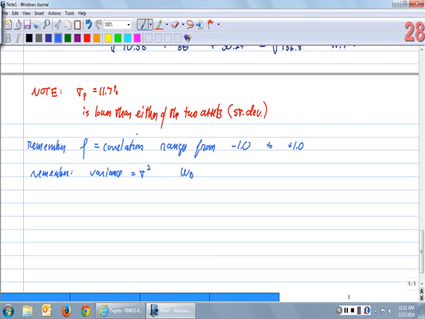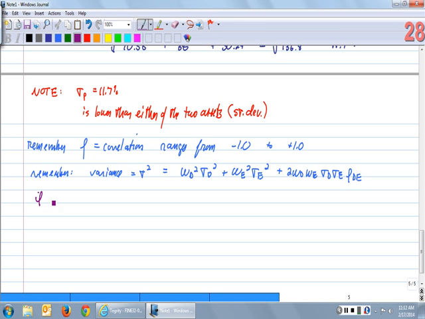It was WD squared sigma D squared plus WE squared sigma E squared. In fact, it's everything that was under the radical. Plus 2 times WD WE sigma D sigma E correlation DE. Again, all I did was rewrite the formula for variance. And remember, correlation ranges from -1 to +1.